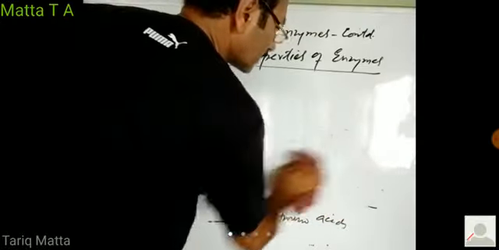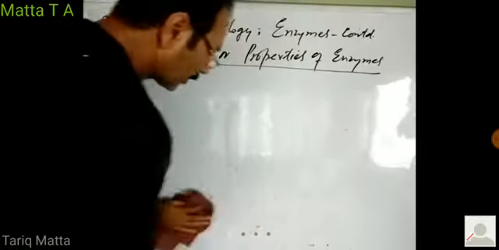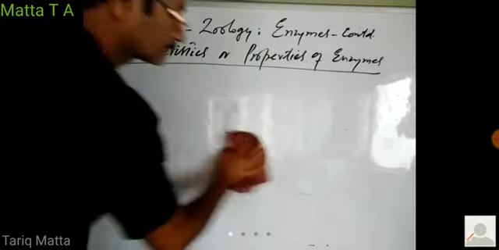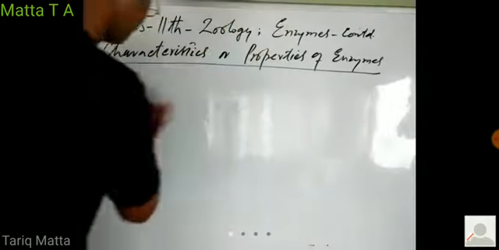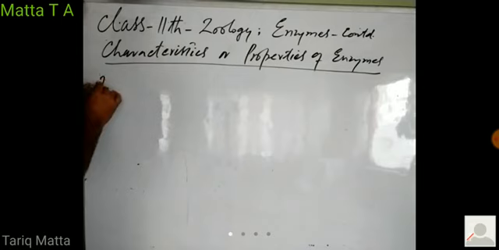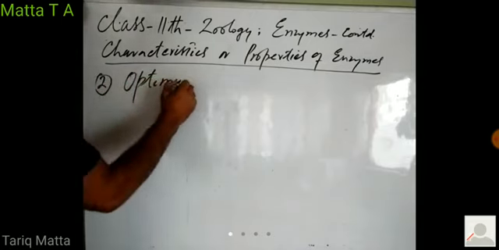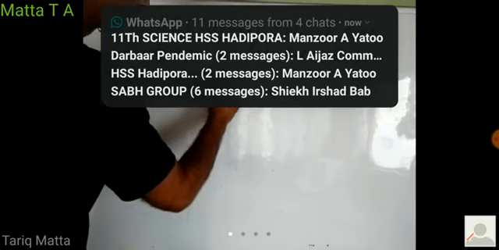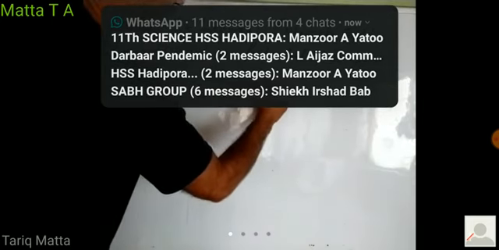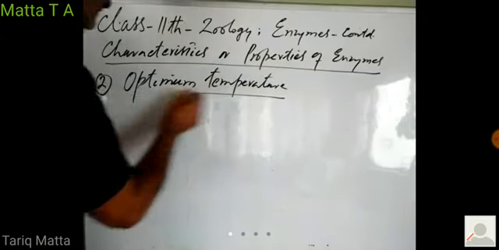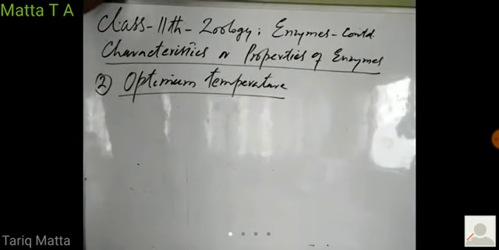Every enzyme has an optimum temperature for best catalytic activity. This is the second property of enzymes. What is the optimum temperature of an enzyme?